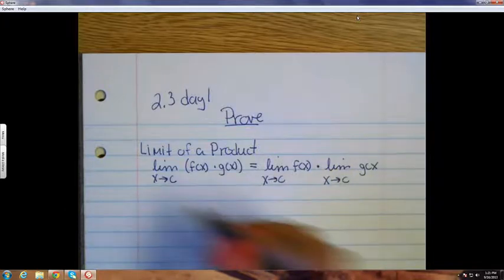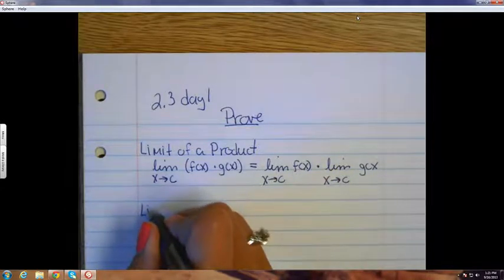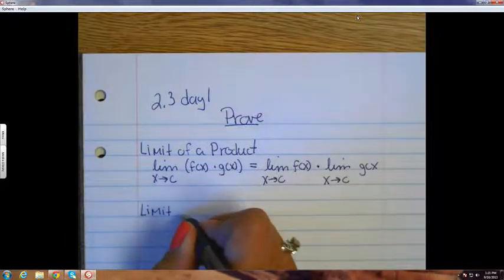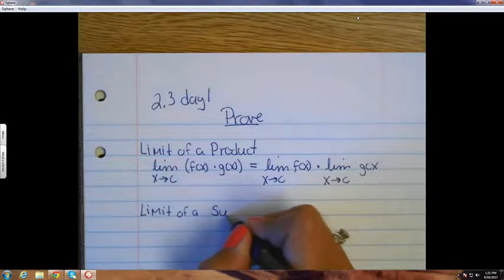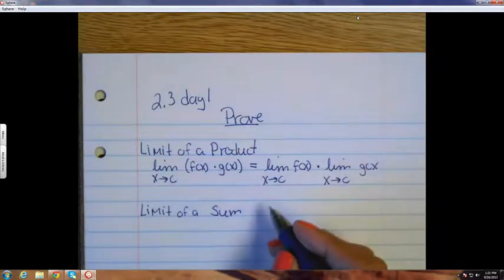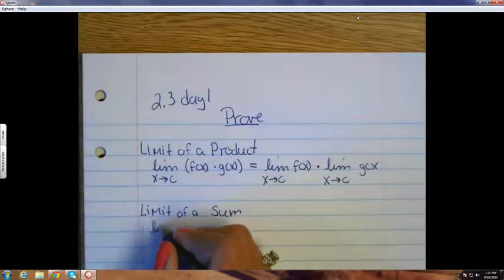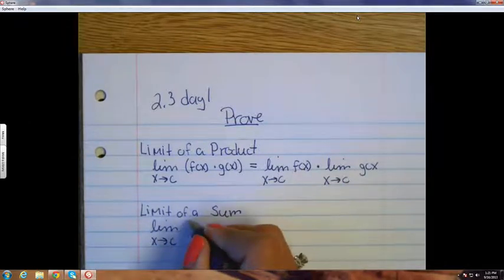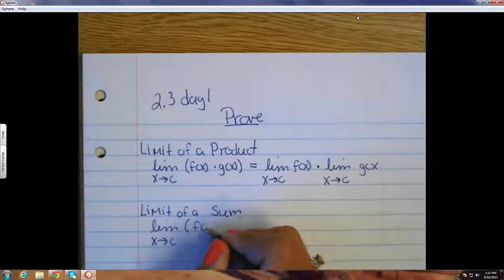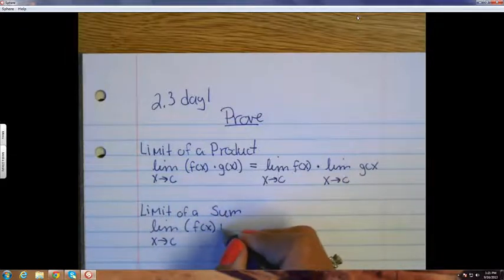Next one is limit of a sum. And you've got the limit as x approaches c of the sum of two functions, so it's f of x plus g of x.